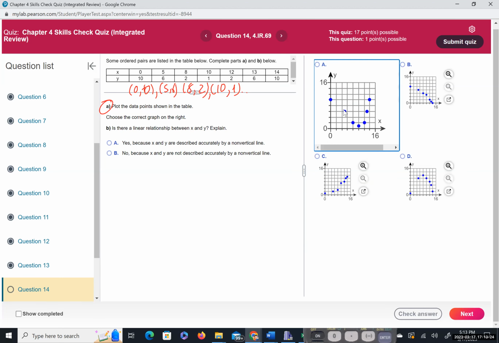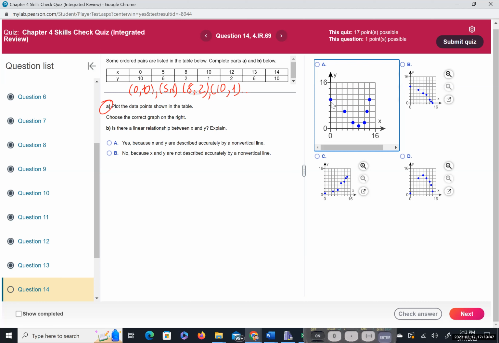Is that going to be this one? So I know this is 16, so I have 1, 2, 3, 4, 5, 6, 7, 8. So each of these will be 2, right? 2, 4, 6, 8, and 10. So this looks good for the first one.